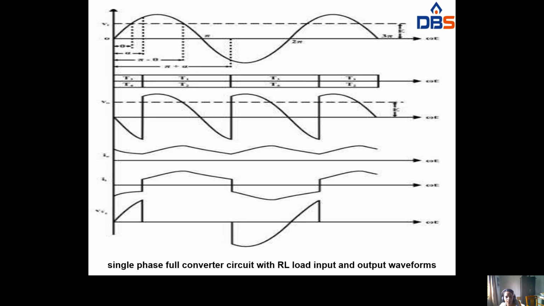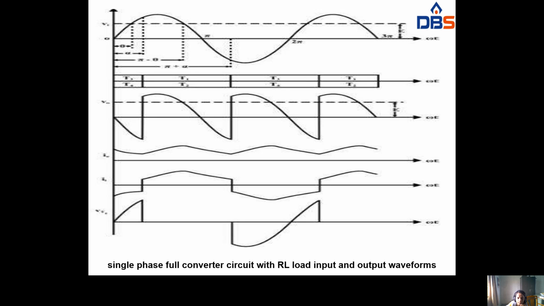So this is the waveform. The output voltage will be obtained at an angle of alpha, so the voltage will be like this. The inductor voltage also will be attained, and here the current will be in continuous mode.